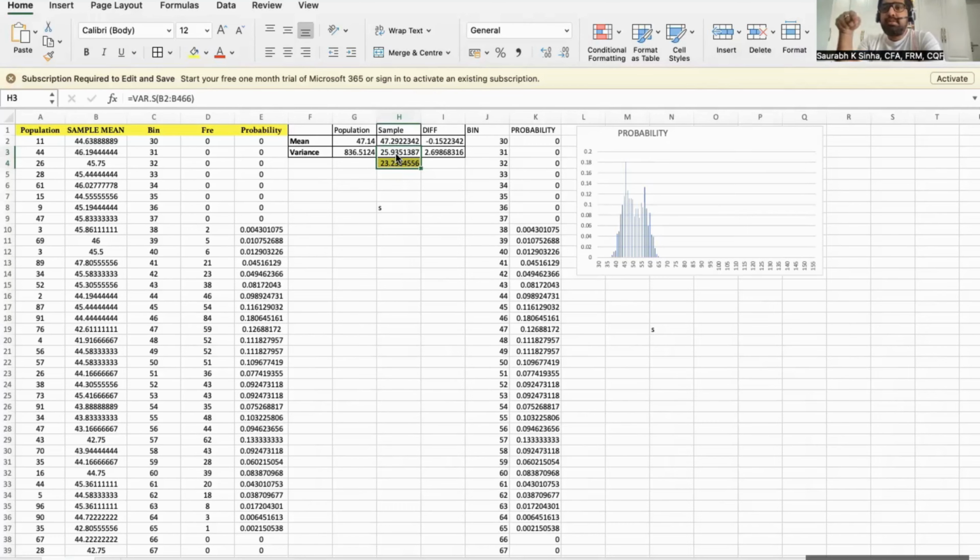So the theorem that we have discussed, version 2 of the central limit theorem, is all about approaching normal distribution. The sample mean distribution approaches normal distribution as you keep on increasing the sample size. Right now, the sample size is 36. If you keep on increasing the sample size and add more randomness into this exercise, the probability distribution will approach normal distribution.